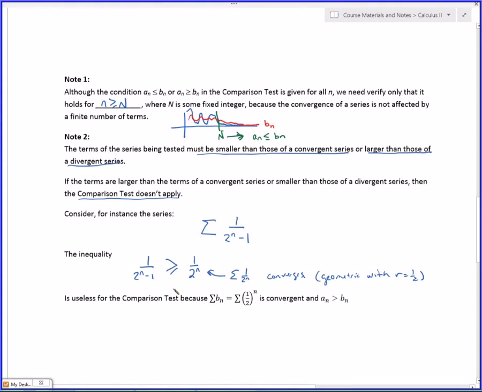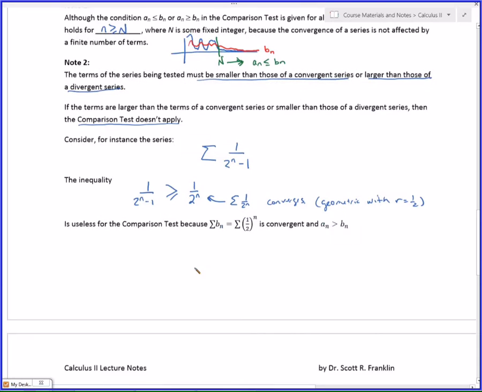But this inequality here is useless for the comparison test because you found something smaller that converges. That doesn't help. You need something bigger that converges or something smaller that diverges. Neither one of those helps.